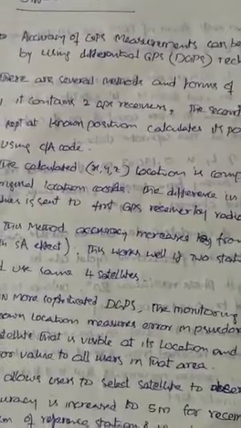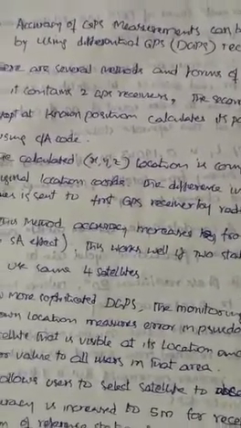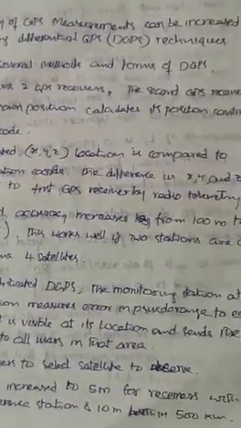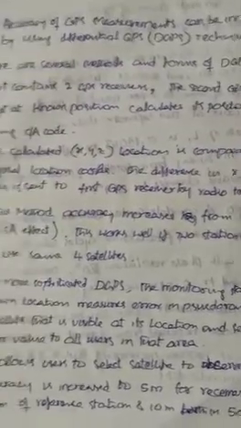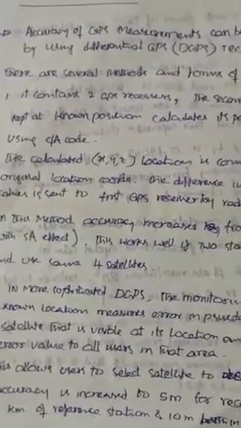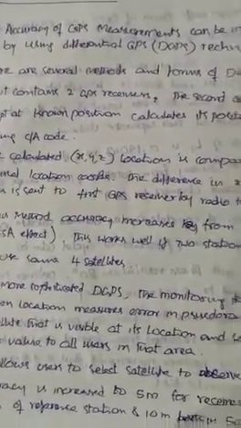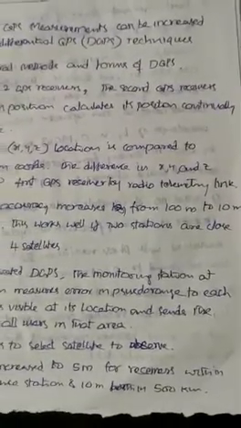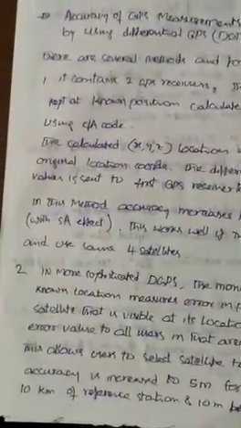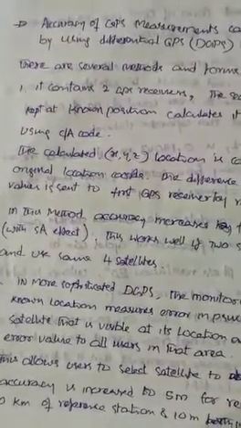Since there are several methods and forms of DGPS, basically three methods are there. The first method contains two GPS receivers, and the second GPS receiver is kept at a known position of XYZ coordinates, and it calculates the position continuously using the C/A code signal.